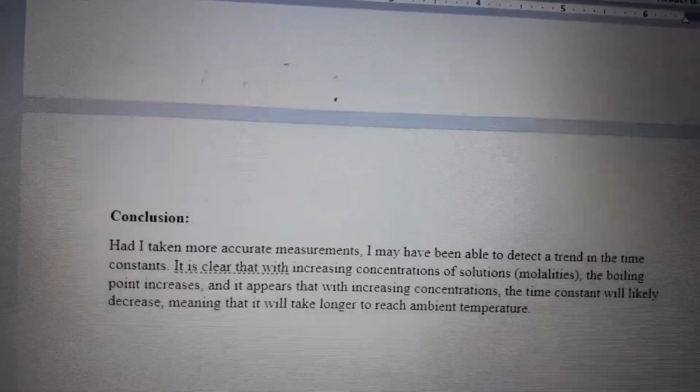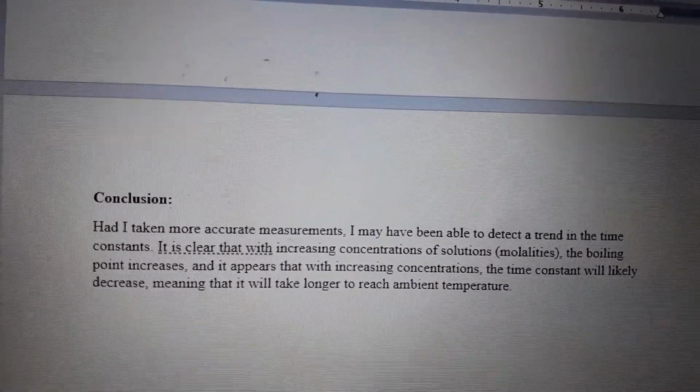And after looking at everything, I never actually saw a trend in the time constants because there's too much uncertainty. I think that's also because the uncertainty of the thermocouple is greater than the temperature difference between two concentrations of solutions.